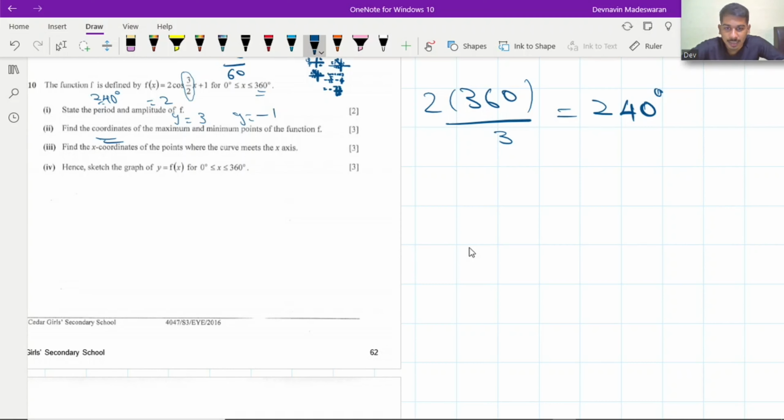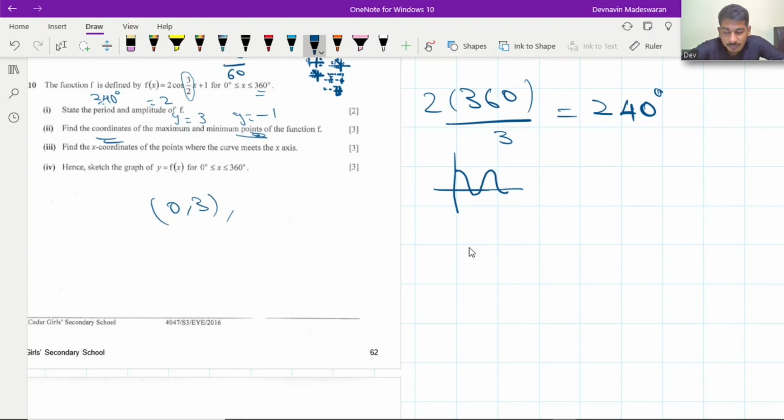So okay, let's sketch a graph. It starts from the maximum. So it's going to be like this. Find the coordinates of the minimum points. Okay, now the maximum is going to be at 0. So it's going to be 0, 3.